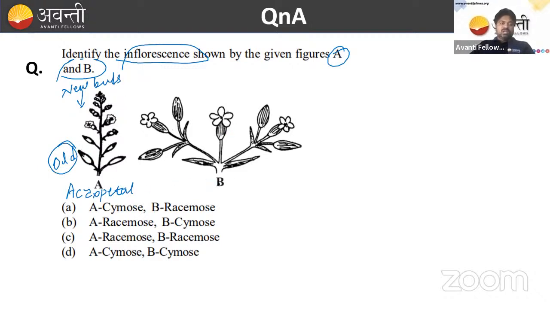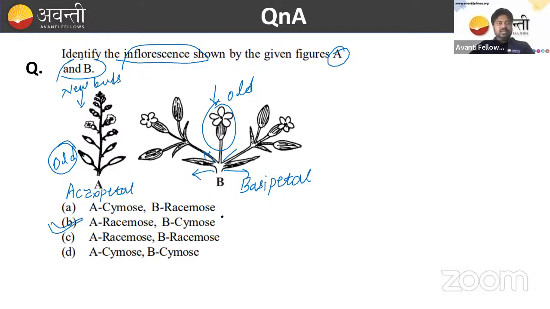In case of cymose, you can see the basipetal condition. Here the upper portion has old flowers, and here the new flowers form, and that's why option B is the correct one.